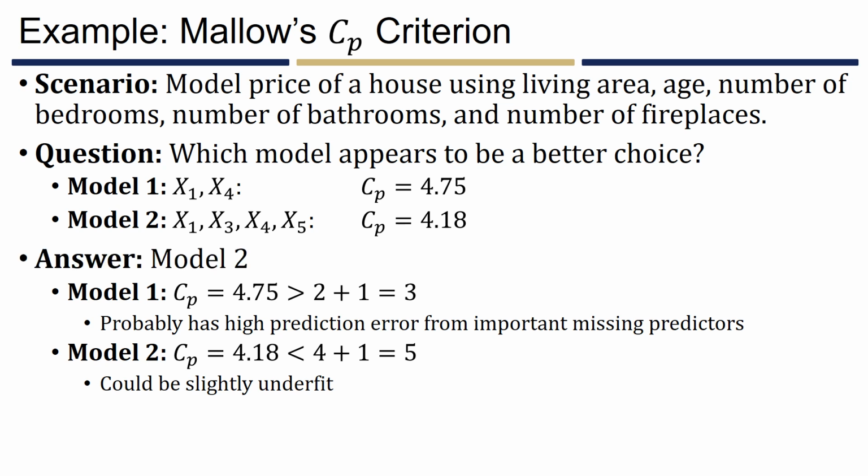However, model 2 is going to be the better option here because Mallows Cp is less than p plus 1. We only want to consider models where Mallows Cp is less than p plus 1. Models where Mallows Cp is greater than p plus 1 are going to tend to be overfit, and again are going to have high prediction error and don't necessarily end up being the best final models to choose.